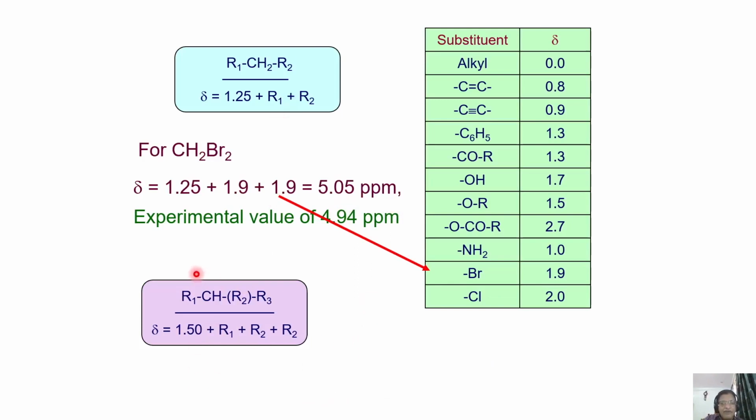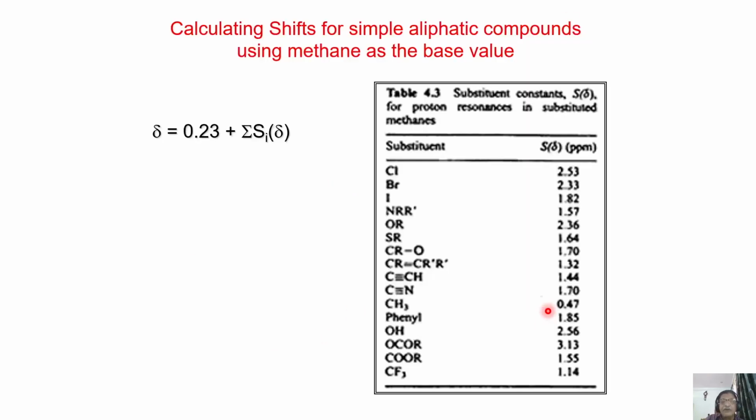Now what happens if I consider a CH proton? If there are three such substitutions, R1, R2, R3, in the same way, depending upon what R1 is, you can do that. Very simple. Now I will take the example of aliphatic carbon, CH3Cl. The base value for that is 0.23. That is for the chemical shift of methane.